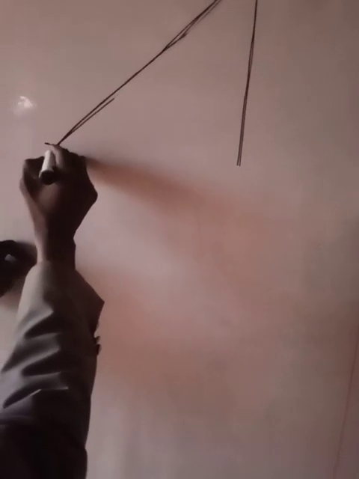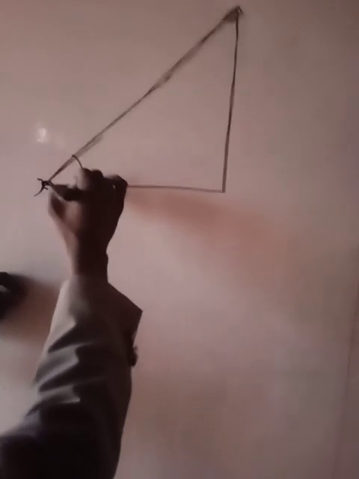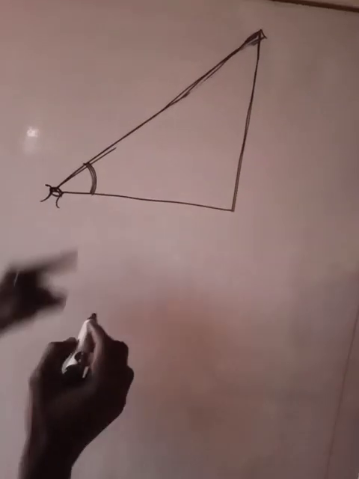Note that this is the top of the building. I said angle of elevation is the angle that your eye makes with the horizontal. So the angle of elevation will be here.